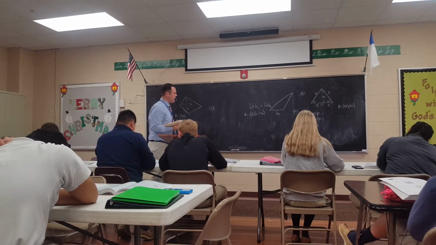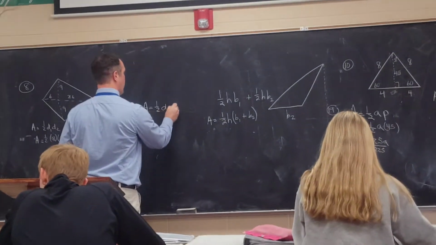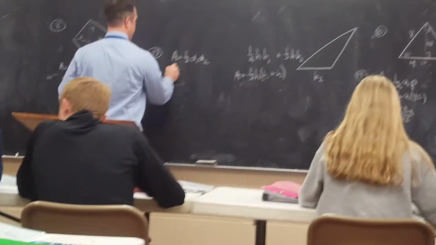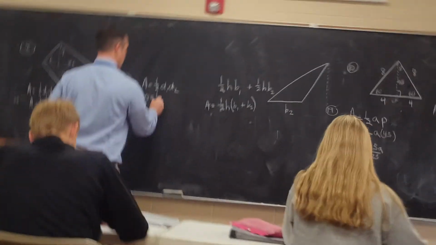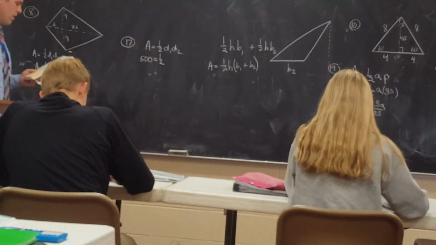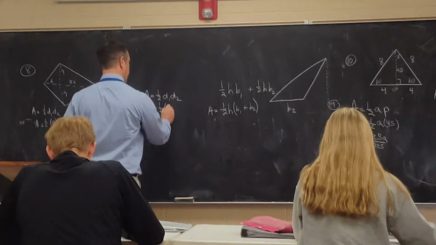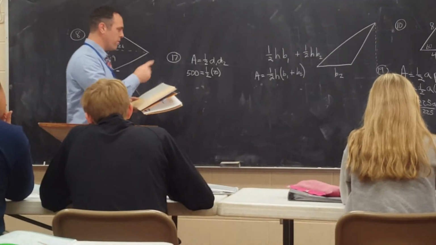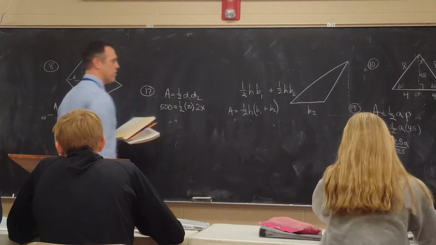Okay. The formula is 1/2 D1 D2. The area is 500. And you know the length of one diagonal is 20. So then the length of the other diagonal would be x plus x, which is 2x.